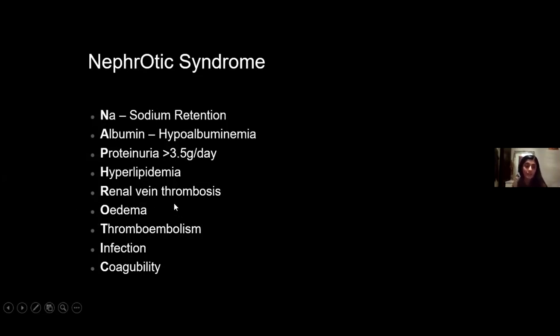We've got our edema, thromboembolism, infection, and coagulability. We can also get ascites and pleural effusions as well.